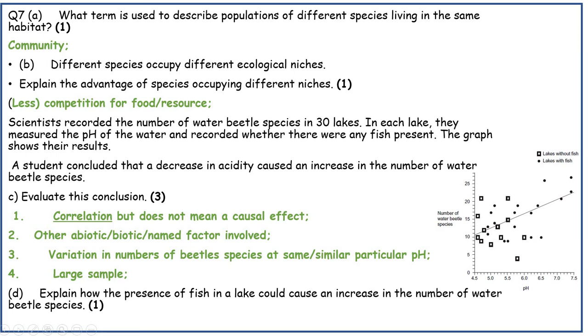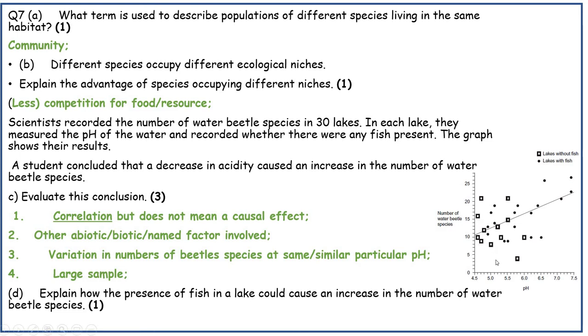But correlation does not mean a causal effect. There could be other abiotic or biotic factors involved. There is variation in the number of beetle species at the same or similar pHs.